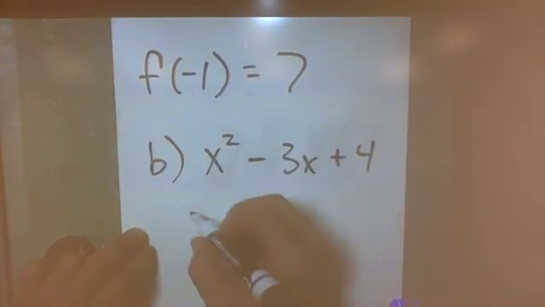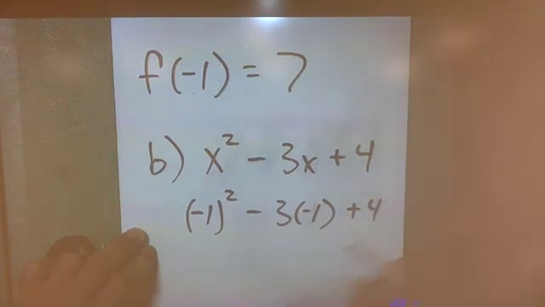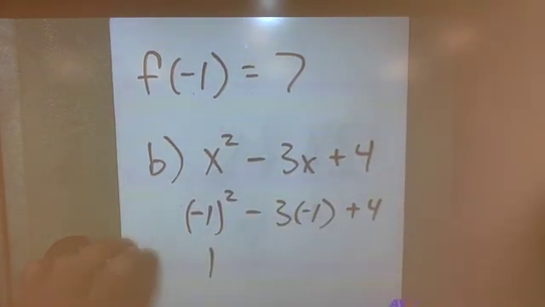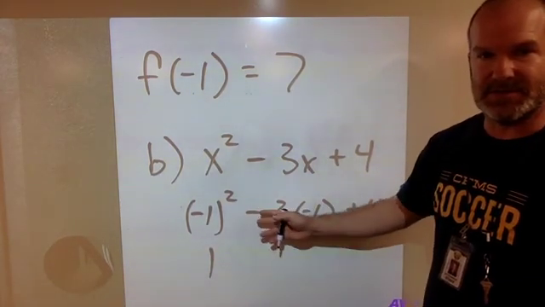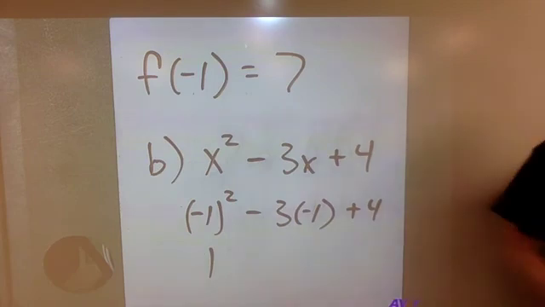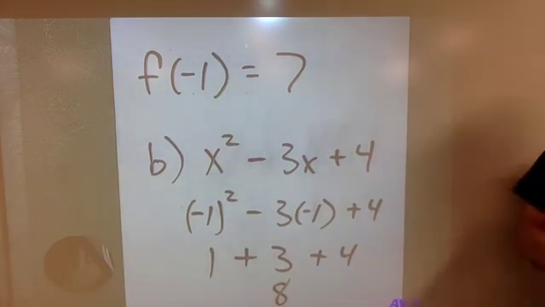You plug in a -1 and you square it, and then a -1 for x. So you square a negative, you get a positive. This is a negative times a negative. You got to remember that the sign in front of the number stays with the number. So this is a negative times a negative, which makes it a positive. So you get 3, and then you had 4, and oh, we were so close. We got 8 instead of 7.